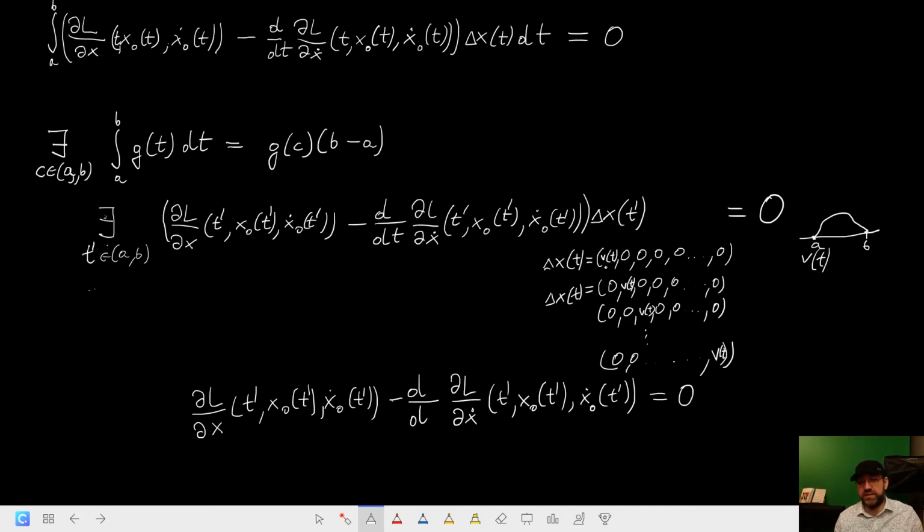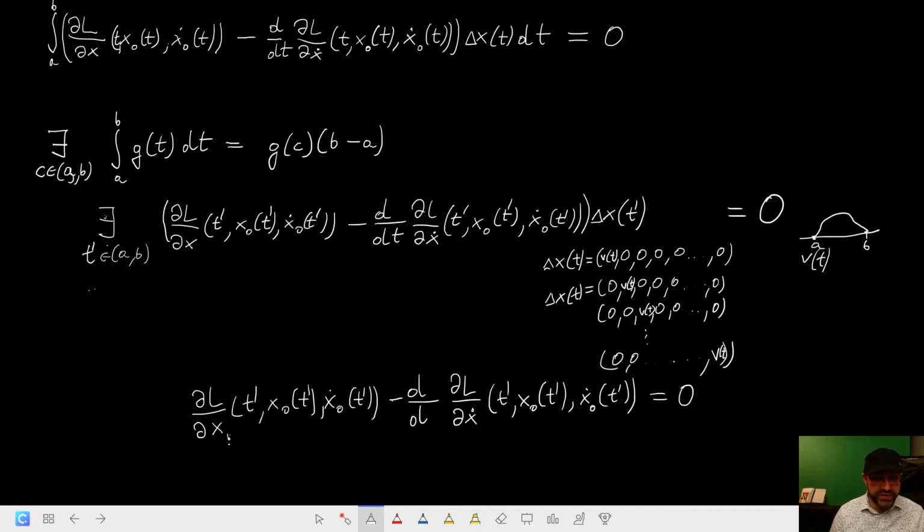Each of them has a function v of t on one coordinate, and the rest of coordinates is 0. So this is a perfectly good trajectory which has 0 at a, 0 at b, something in between, which is moving only in one dimension, but it's perfectly valid. We will request from that function to be differentiable, so that's fine.